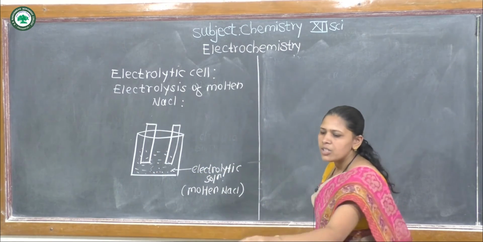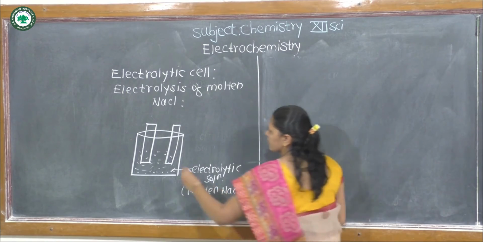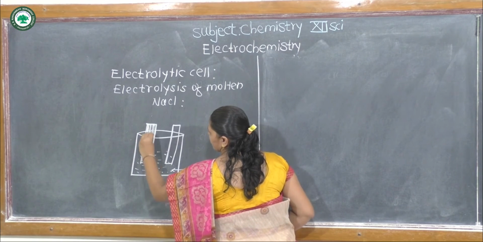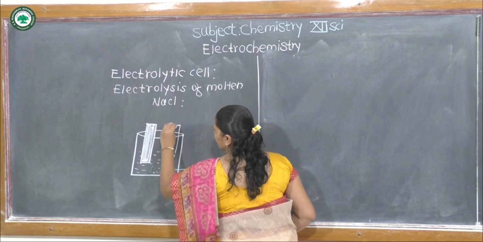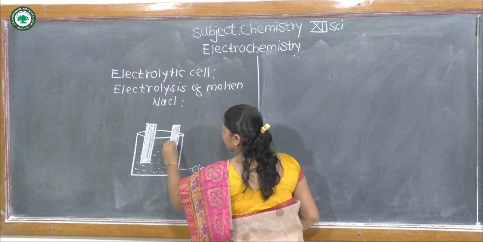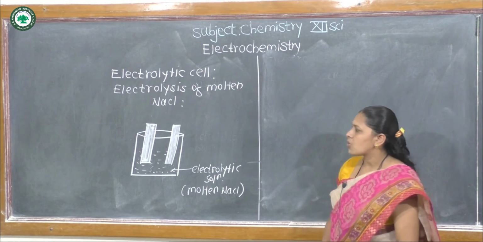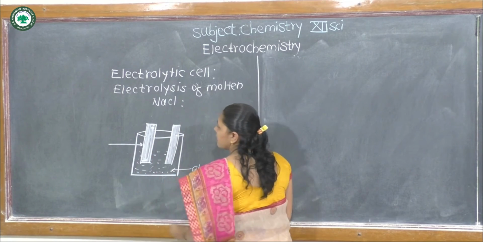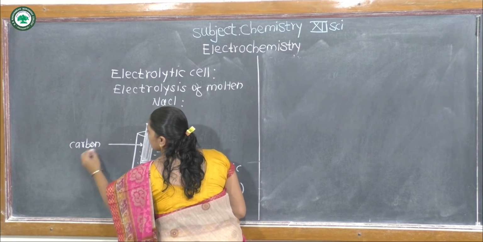These are the two electrodes. These electrodes are inert electrodes. These electrodes are carbon graphite electrodes.